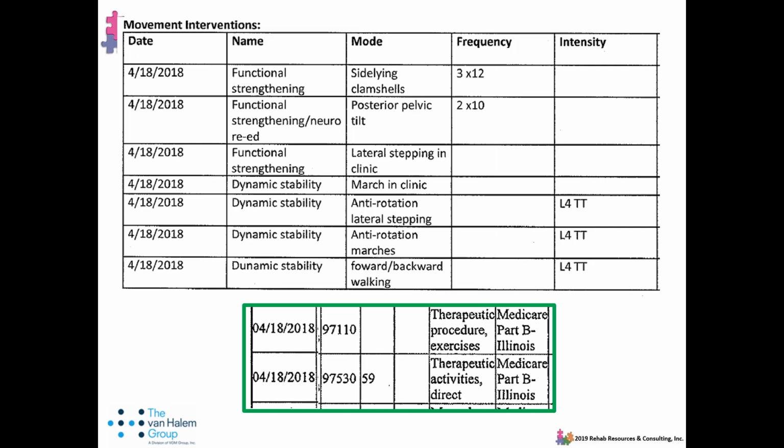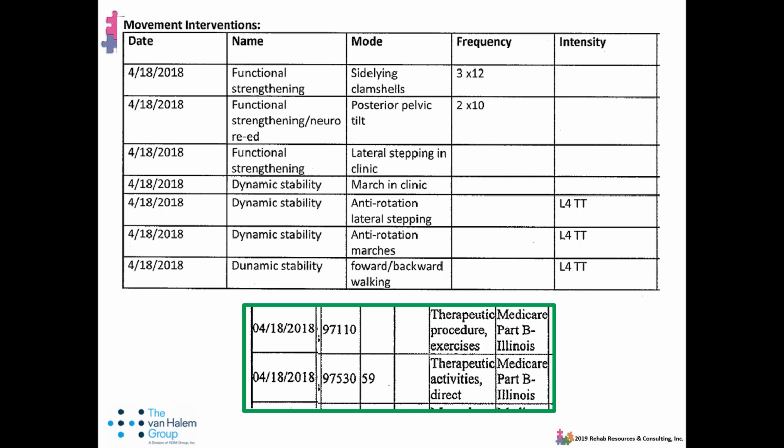This example illustrates another reason why you need to differentiate between what is TheraX and what is therapeutic activities. It is very difficult to know based on the charting in the documentation. Just because the intervention has the name dynamic stability doesn't automatically make it therapeutic activities.